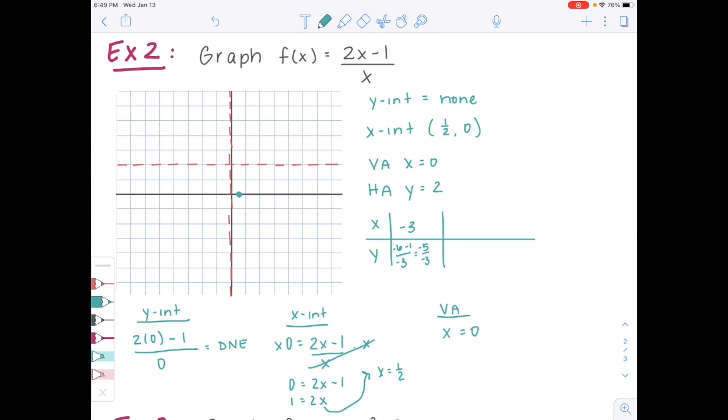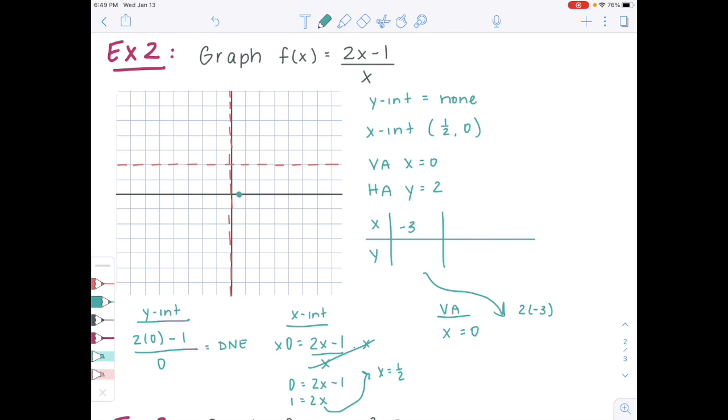Really a positive number, so when I'm back 3, 1, 2, 3, I'm up. Hold on. Wait a second. We plug in -3. Give myself a little more room.